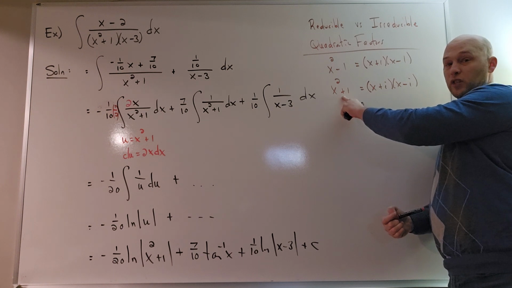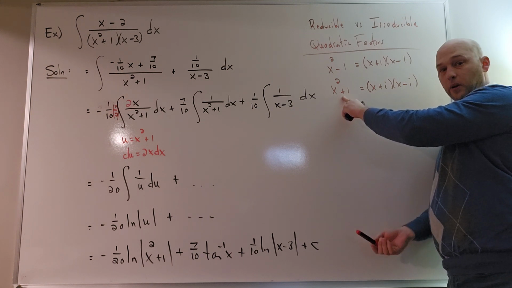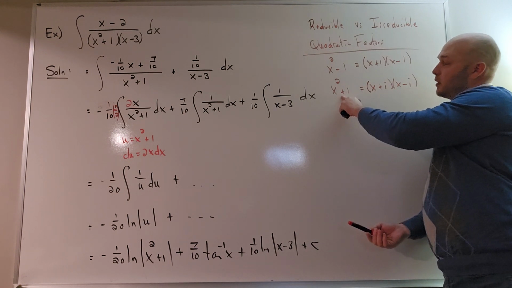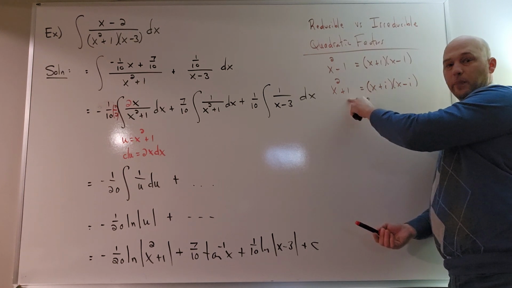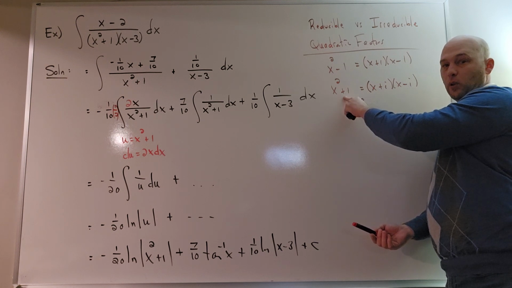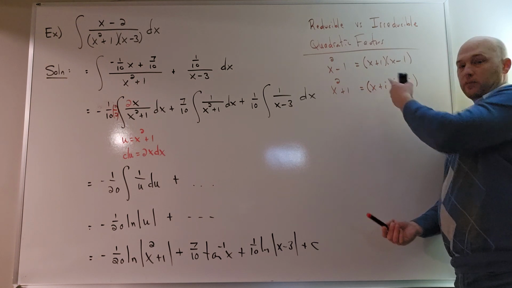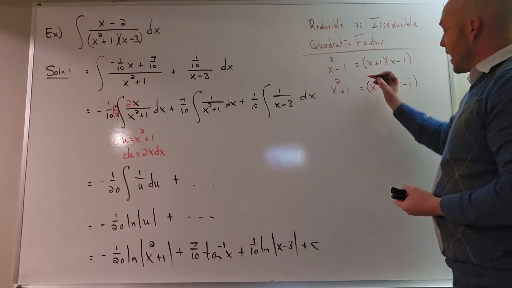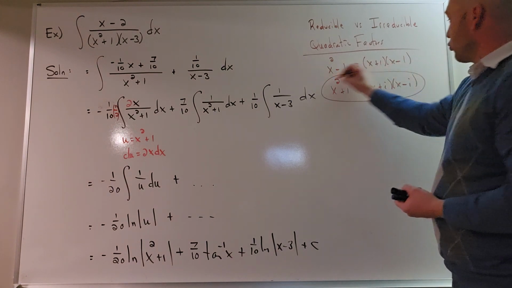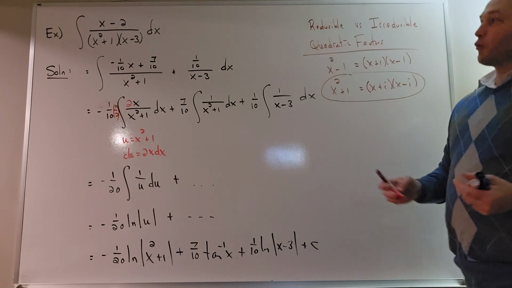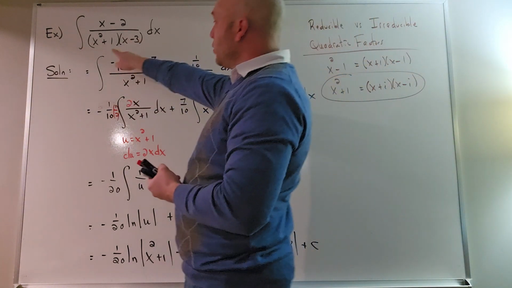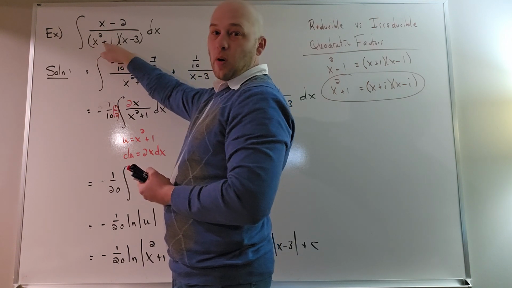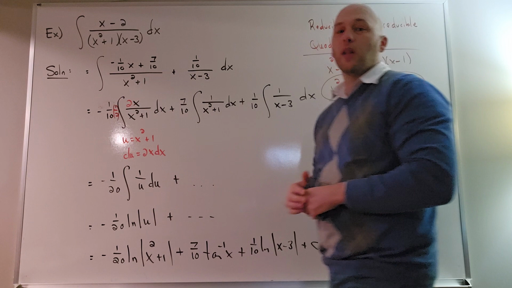This one actually is reducible, but over the complex numbers. It is not reducible over real numbers, because since it's complex, it's not in the real number system, and therefore this does not factor using real numbers. So when I say irreducible quadratic, we'd have like x squared plus 1, or x squared plus 4, x squared plus 9, something along those lines.